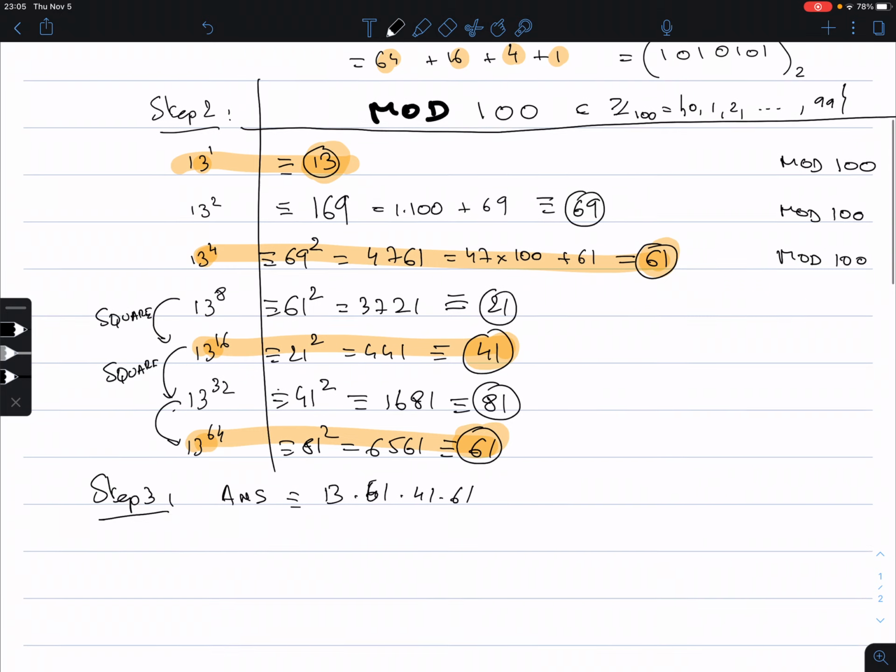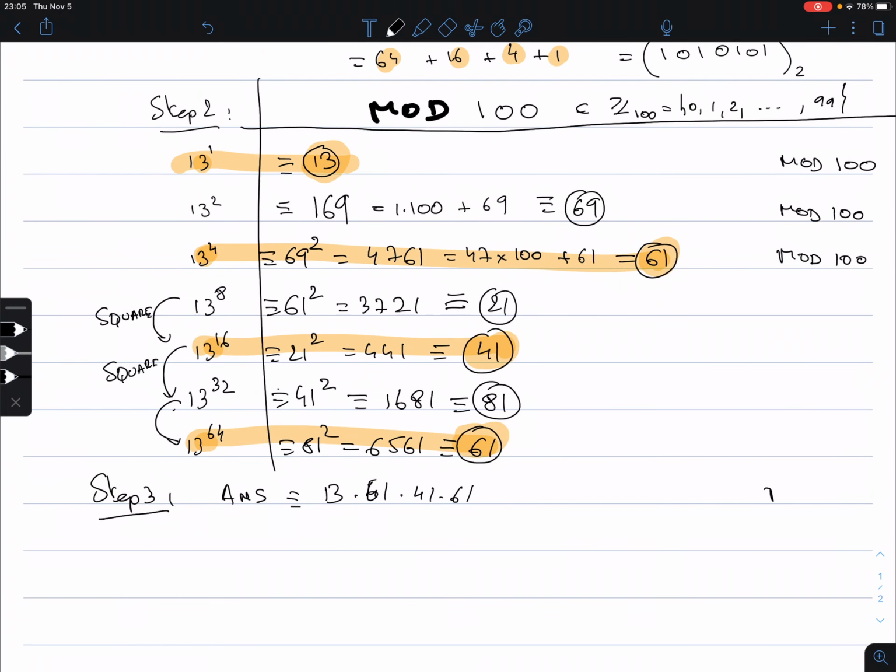Now, we still have to work this out. What is this modulo 100? All this is modulo 100, so I'll not keep writing this. Now, how do we do that? We could put this whole thing in the calculator, but these numbers are going to get bigger. The calculator can deal with it, but let's do this how we were supposed to. That is, we do groups of 2. So we do these 2 together, and these 2 together.